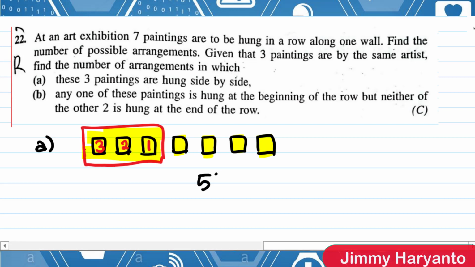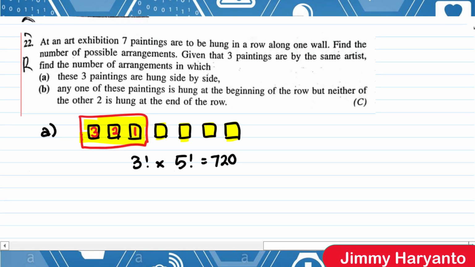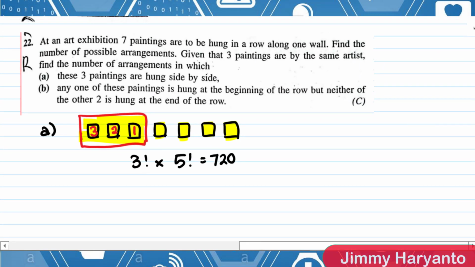So the next will be 5 factorial, and the first one is 3 factorial, yeah. For the red boxes we have 3 to 1. That means 3 factorial. And the next is 5 factorial. 3 factorial times 5 factorial. Okay, this one can be done by using your finger method, yeah. It will be easier than this one.